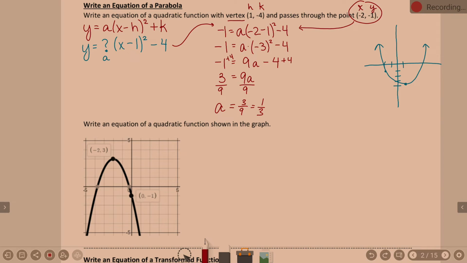Okay, so my directions were to write an equation. What's my final answer here then? Y equals 1/3, parentheses x minus 1, parentheses squared plus -4 or minus 4.